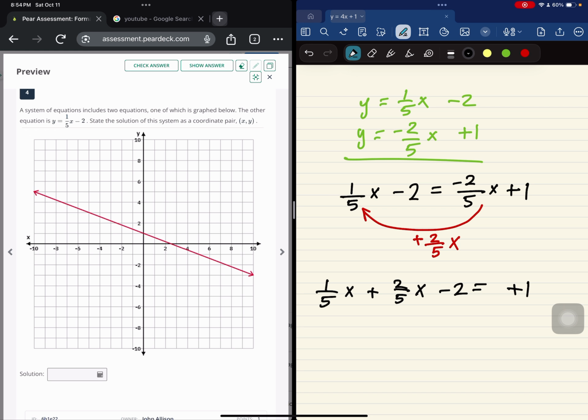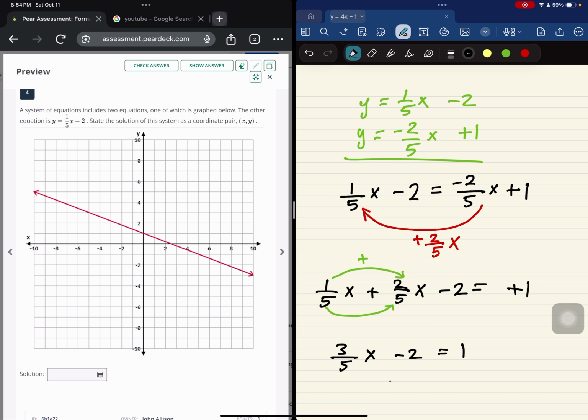Now we can add 1/5 plus 2/5, and because the denominator is the same, we just add the numerators: 1 plus 2 equals 3, so 3/5 x minus 2 equals 1.